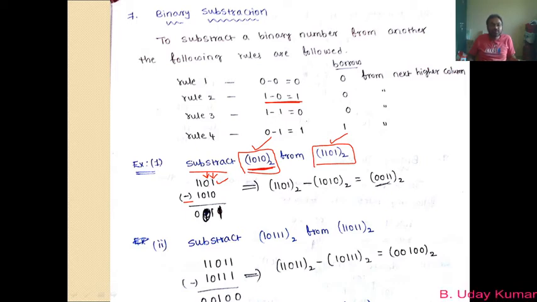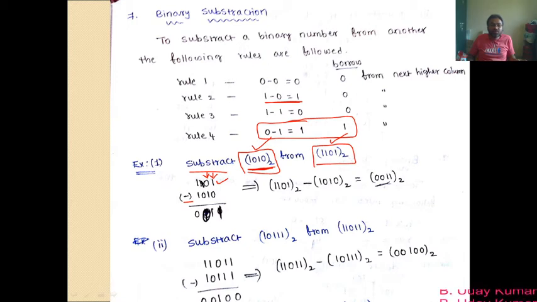There is the fourth rule that you have to follow here. 0 minus 1 is 1, but you have to borrow 1 from the higher order column. That means it becomes 10 minus 1, so automatically it becomes 1.